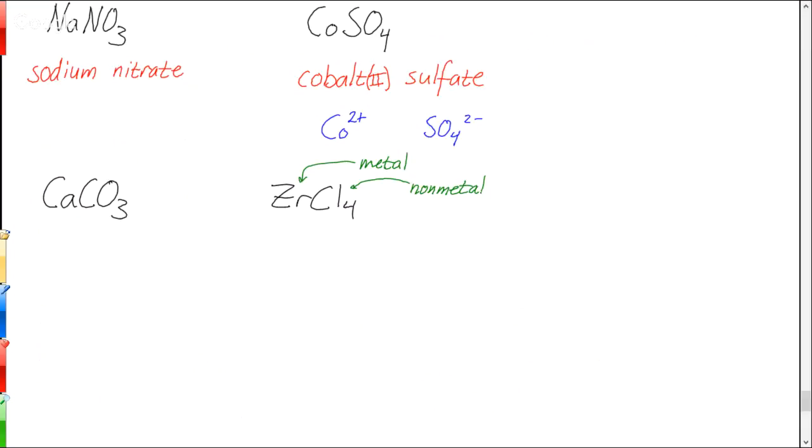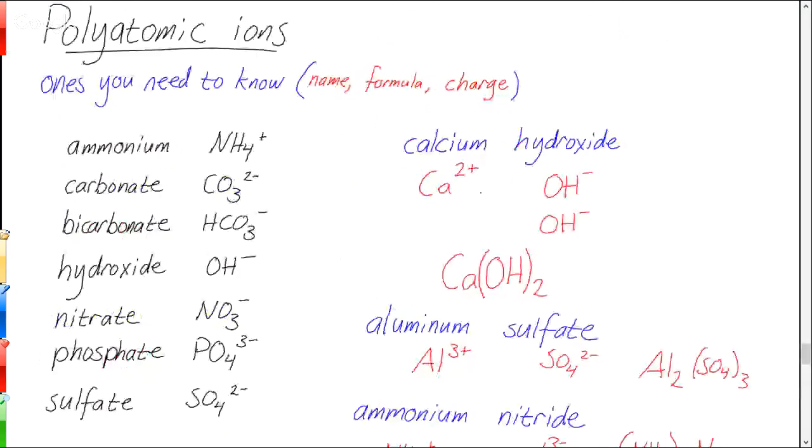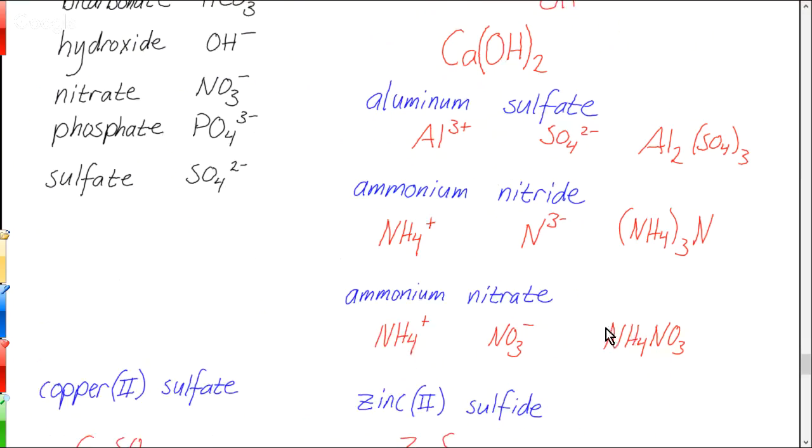The other thing you can look for is the polyatomic ions from the list that we talked about last time. If you see one of those parts in a formula, then you know it's going to be an ionic compound. Because if we see something like ammonium nitrate, that doesn't have any metals in it, so that metal rule doesn't help us here. So we look for the polyatomic ions that we know, ammonium and nitrate.